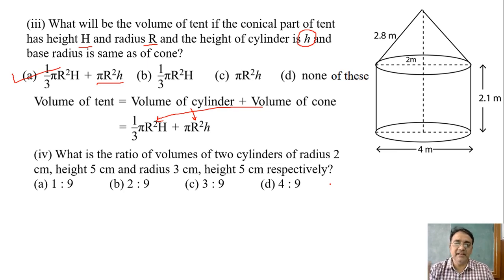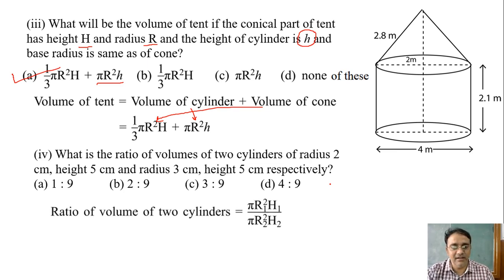So we'll take pi r1 square h1 upon pi r2 square h2, and pi we can cancel. r1 is 2, so 2 into 2 into 5, and r2 is 3, so 3 into 3 into 5. Here 5 we can also cancel, so finally we'll get 4 upon 9. So which is the correct option? Option D, right, option D.